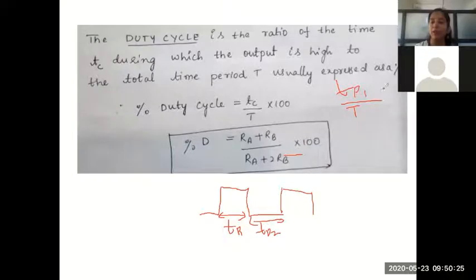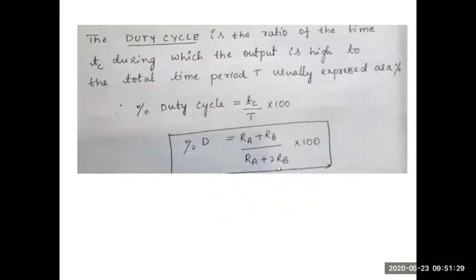So if I substitute for TP1, I'll get R1 plus R2 or RA plus RB in the numerator. If I substitute, duty cycle comes to this into 100. So it is on time divided by total time.